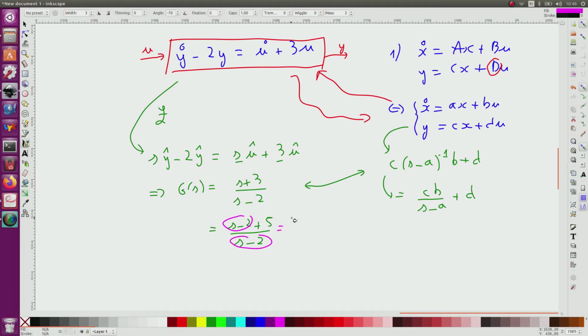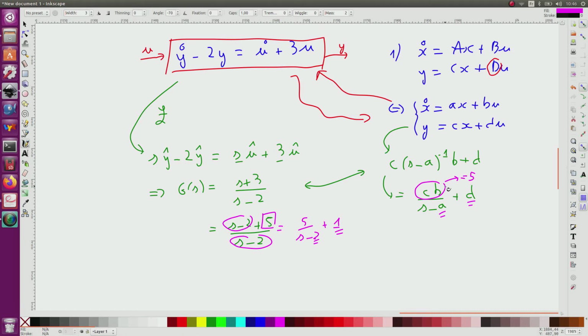This is equal to 5 divided by s minus 2, plus 1. As a consequence, I can conclude that the 1 here corresponds to d, the 2 here corresponds to a, and cb is equal to 5.